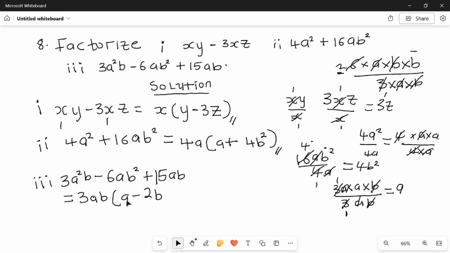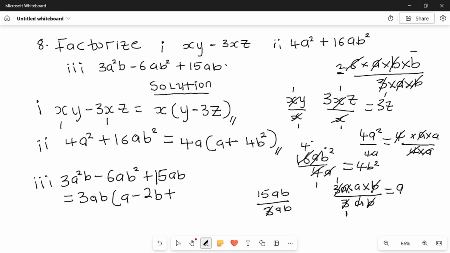So now we have another thing again, 15ab. Plus times plus here gives plus. Then 15ab will divide 3ab to get our final result here. So let's do it here. 15ab over 3ab, right?